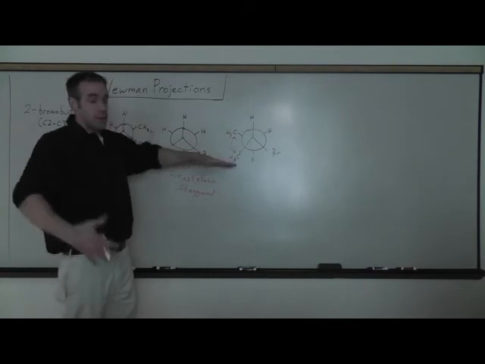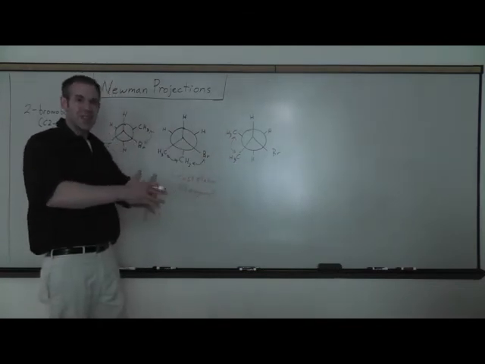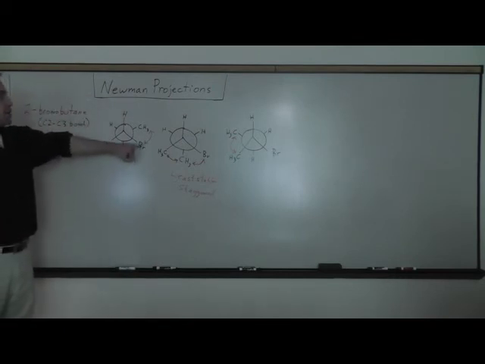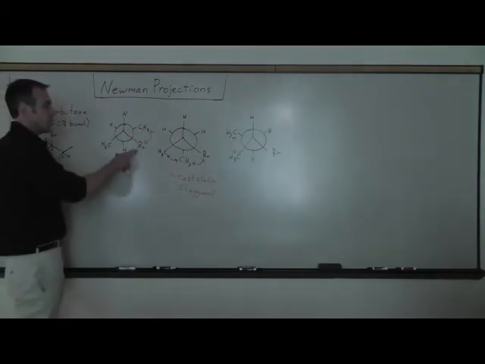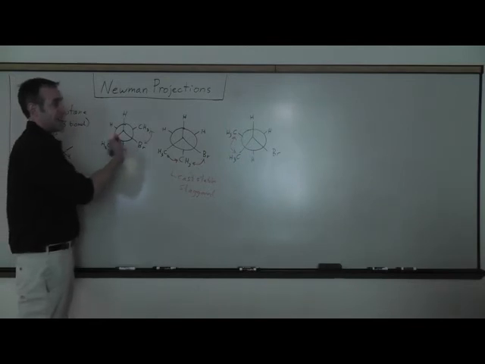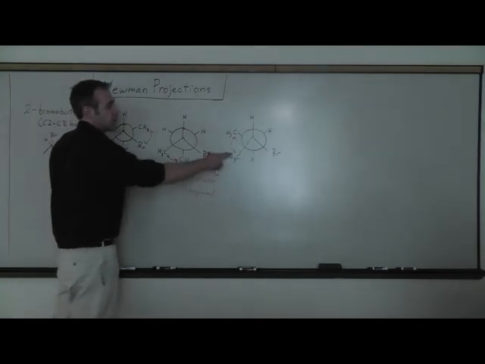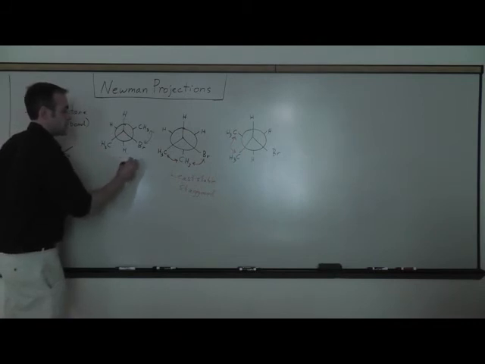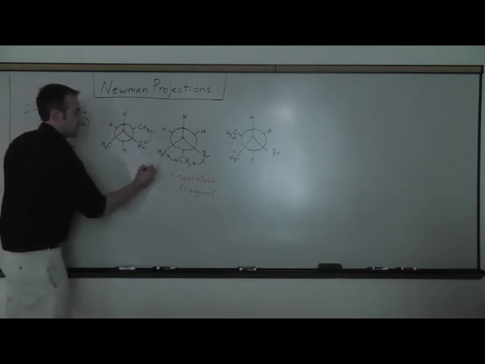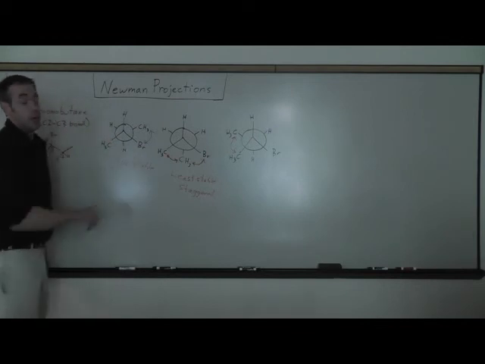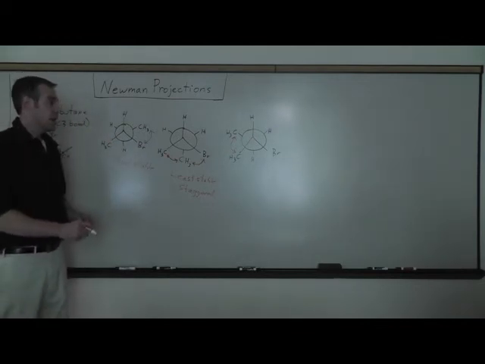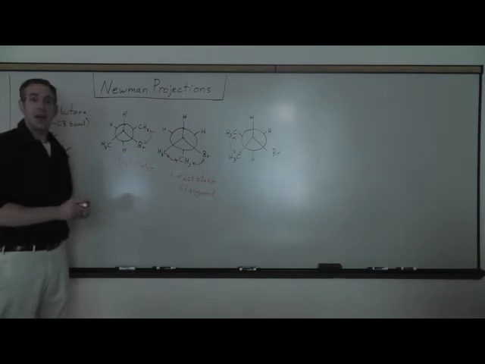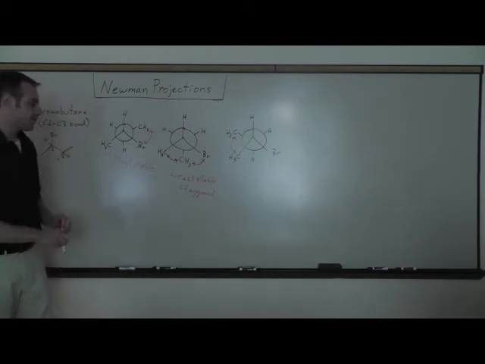Since these two groups are bigger, they're going to interact with each other more in a bad way than these two groups here. And so with our one gauche interaction, it's not as big of a problem as this gauche interaction. We would call this the most stable. And it's the most stable overall because it's staggered and it has the least problematic gauche interaction.